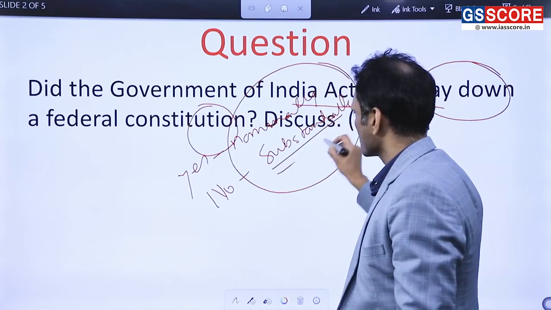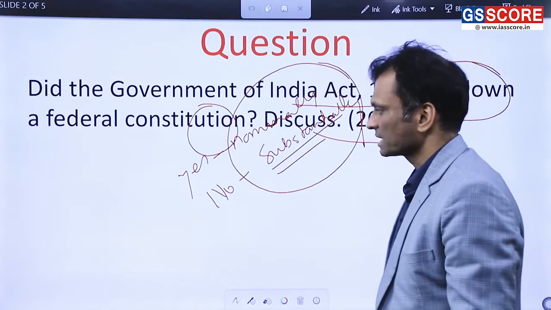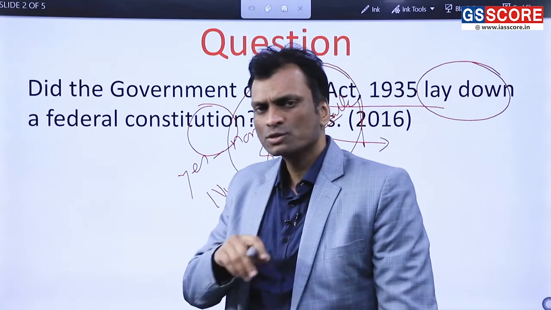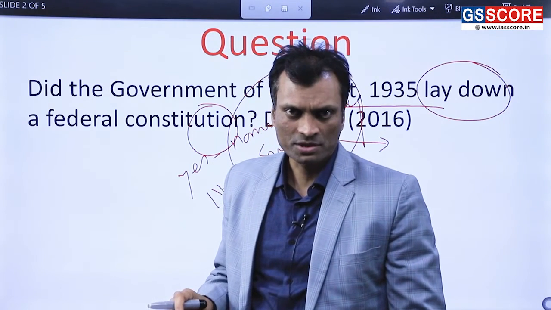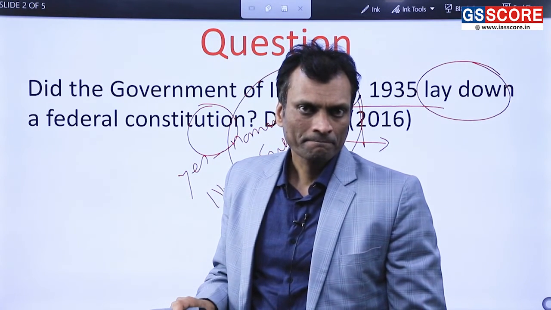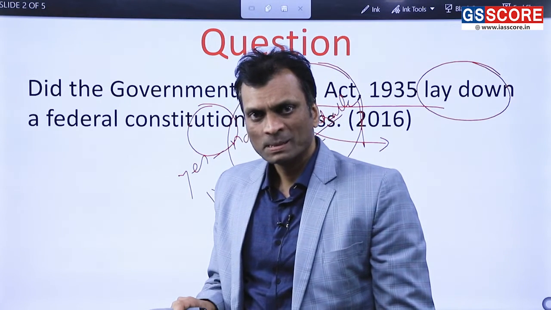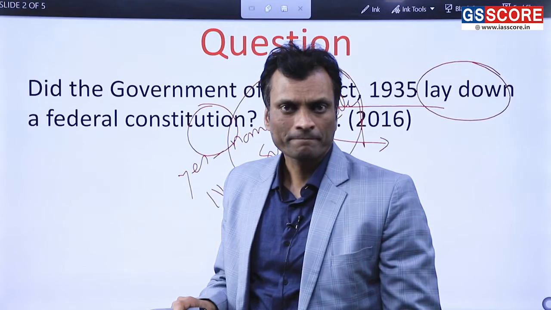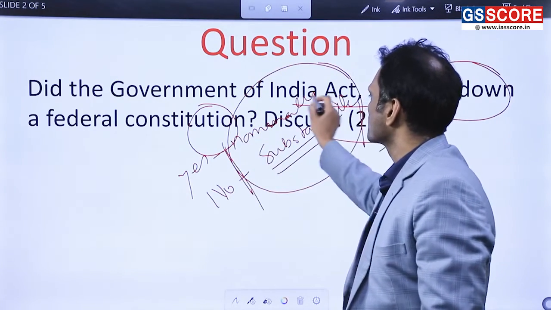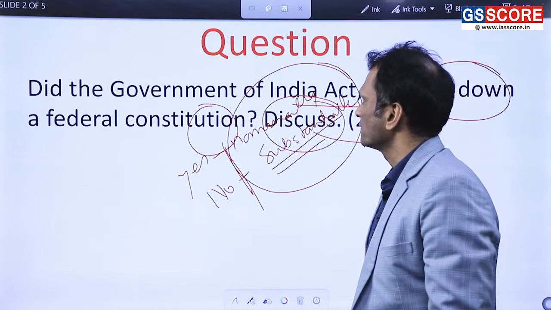When you discuss this, you can write that the current constitution is a federal constitution of India, and there are so many provisions in our federal structure today which were not part of the 1935 Act, like residuary powers, the autonomy of the houses, and the Supreme Court's position. So this is the discussion which we have done.